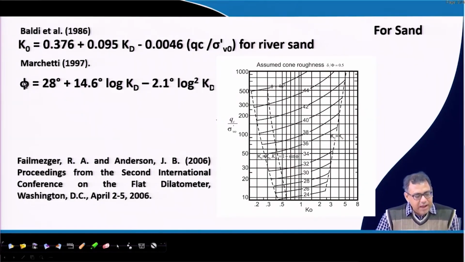Now, I can get the phi also by using this expression, or by using this curve, because I can get the K0 by using this equation. If I know the QC and the effective overburden pressure, then I can get the phi value for the soil. So either I can use this chart or I can use the expression to get the phi value of the soil.